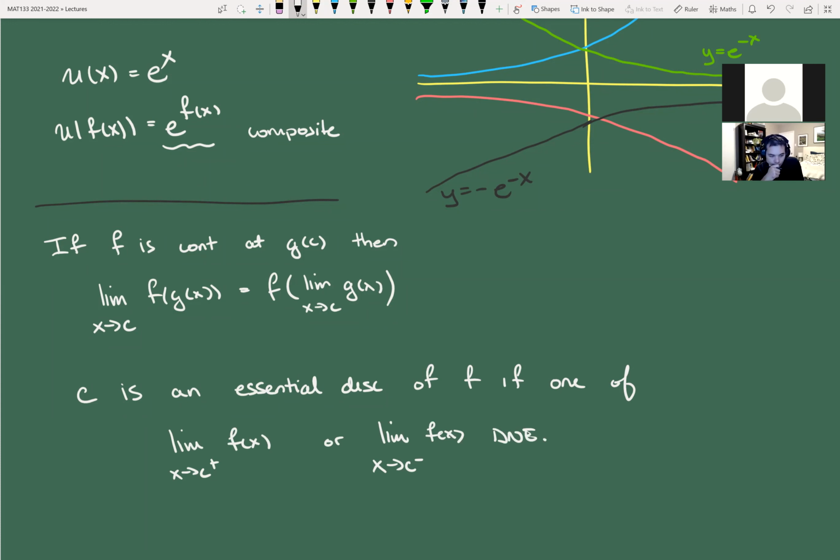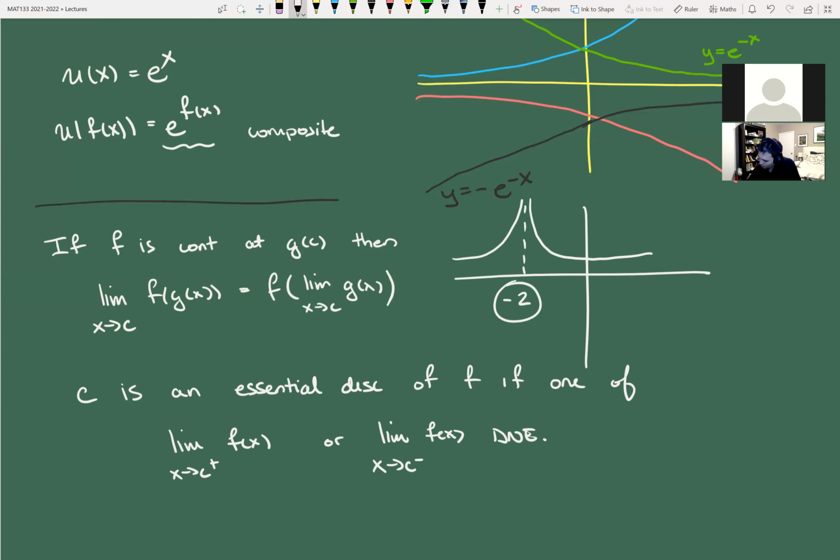Oh, I see. No, not more than 3. I mean, if I give you a graph of something and it looks something like this, and this happens at some point, let's say this point is equal to -2, you would say there's an essential discontinuity at -2.